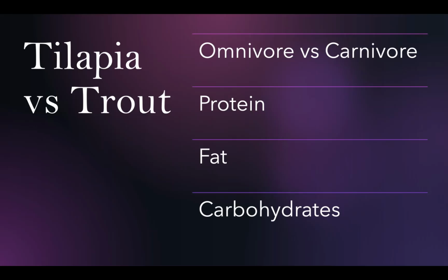And when it comes to trout, especially we are talking about rainbow trout here to be specific, trout is very different in those terms. It likes mostly animal protein and less carbohydrates. Trout don't like too much carbohydrates.